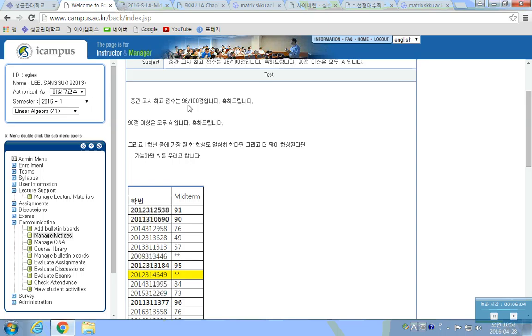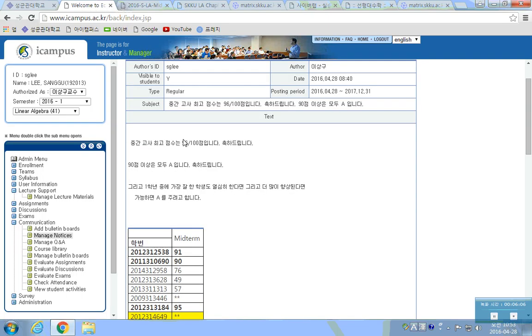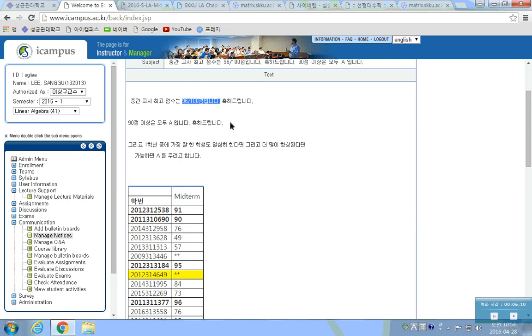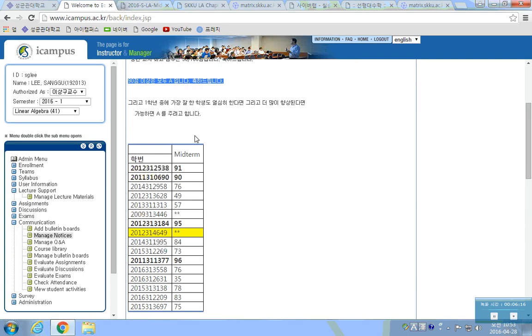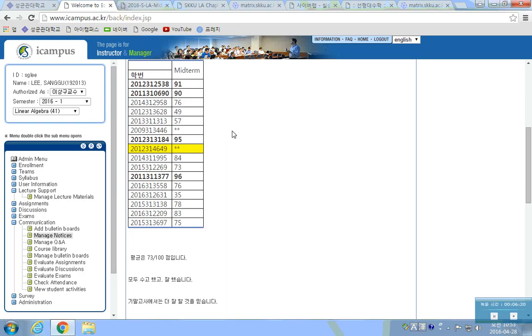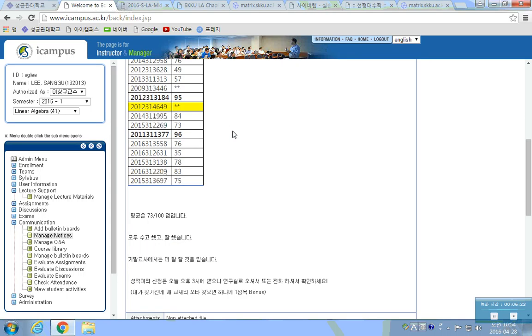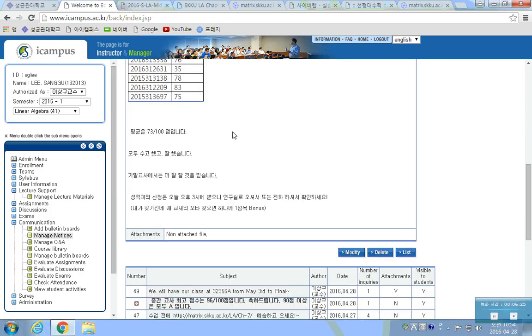For the midterm examination, the best score was 96 out of 100, and there were 4 students whose score was above 90. They are all A's. And I also urge the freshman students to get a good grade. The average of the class was 73, and most of you did well.